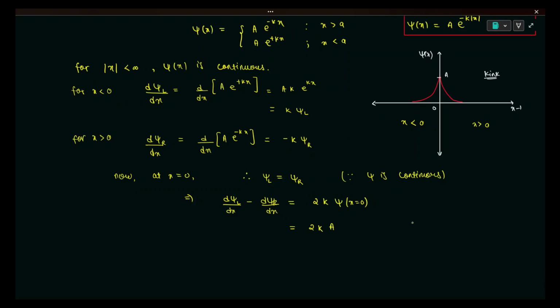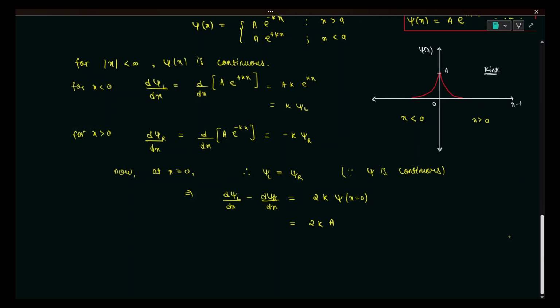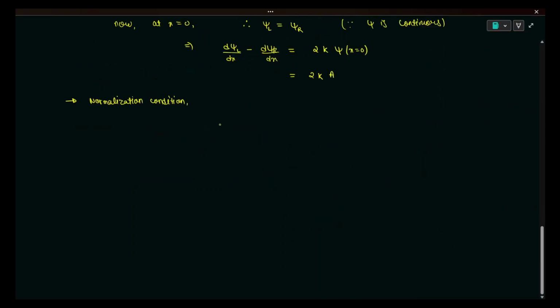So let's try to find this normalization constant also. The normalization condition says that from minus infinity to plus infinity, basically the whole space, the mod of psi of x squared should give me 1.